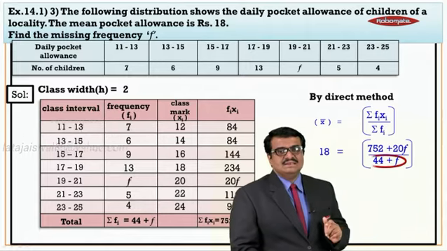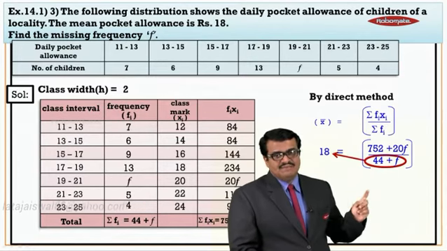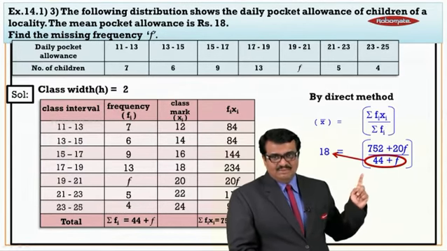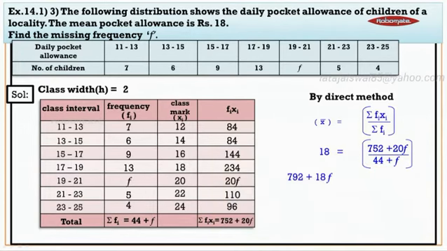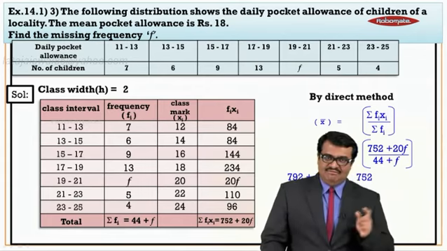First of all, we will cross multiply this 44 plus F with 18. 18 into 44 gives you 792, and 18 into F gives you 18F, is equal to 752 plus 20F.